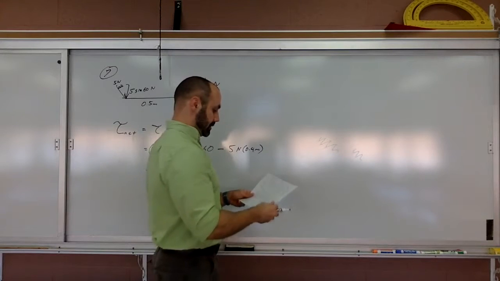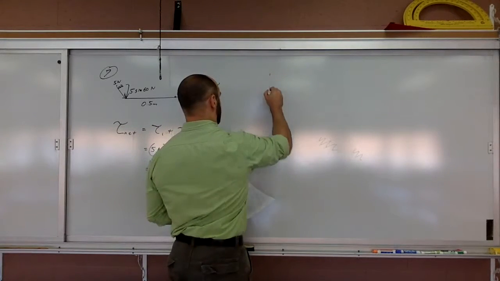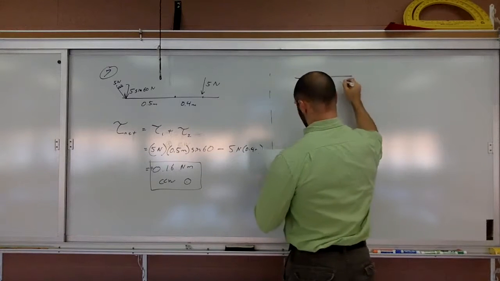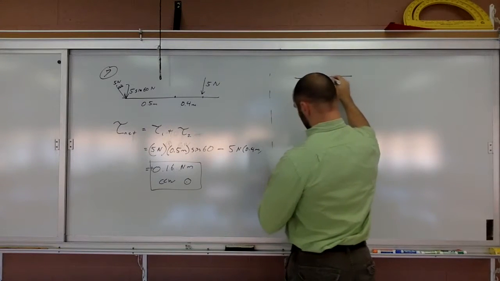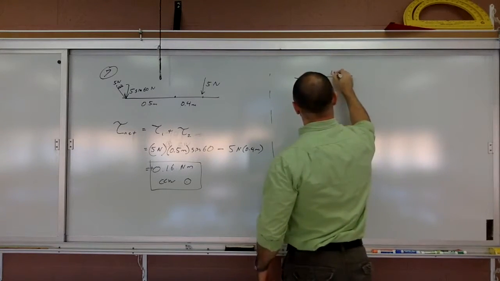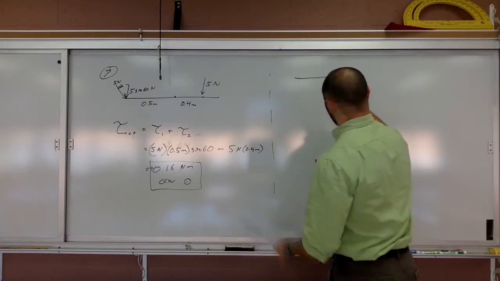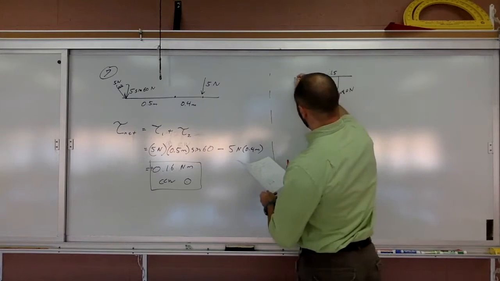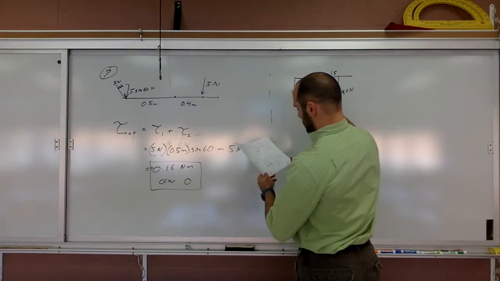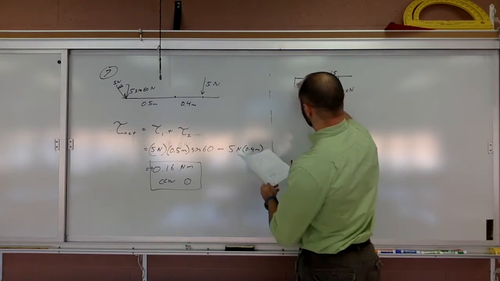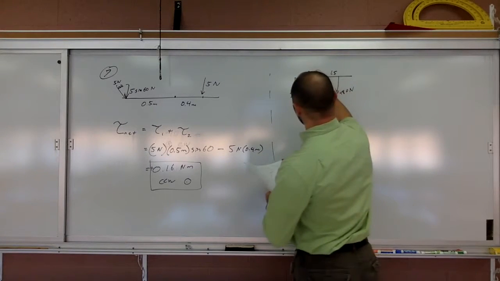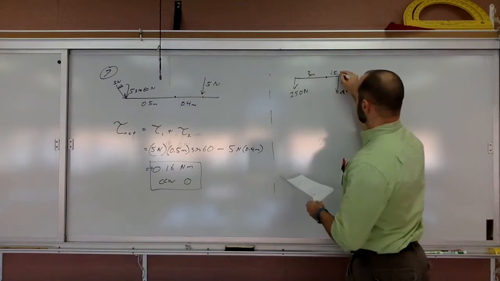Example 8. So here we have another kind of similar thing where we've got the pivot in the middle and 1.5 meters. There's a force down of 480 newtons. And then here there is a downward force, I'll make it less, of 250 newtons. And this is 3 meters across.